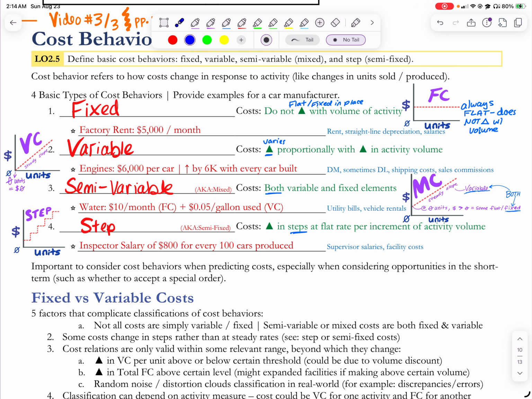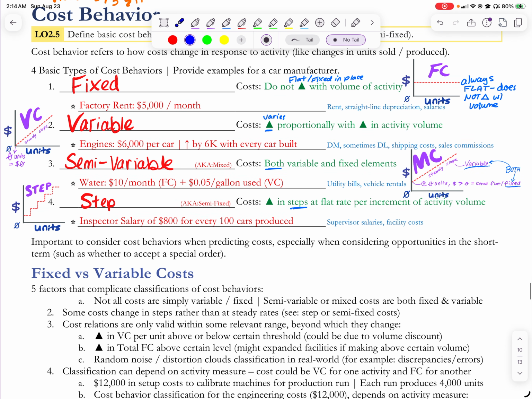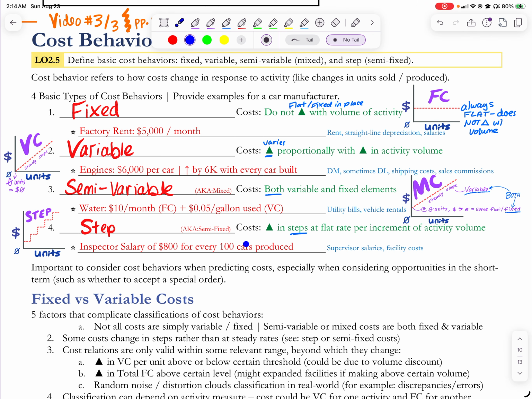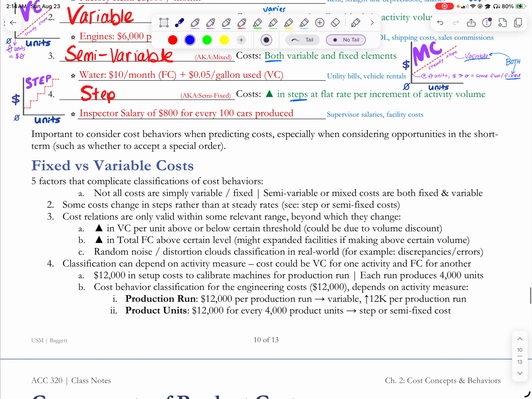They're not really relevant, but you would want to consider any cost with a variable or changing element. Step costs give you these thresholds. You want to look above and below the thresholds for those orders. You want to consider cost behavior, knowing that you can ignore fixed costs that are unlikely to change, but projecting what will happen with regards to your variable, semi-variable, and step costs.